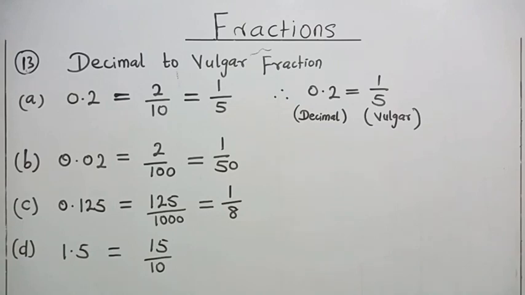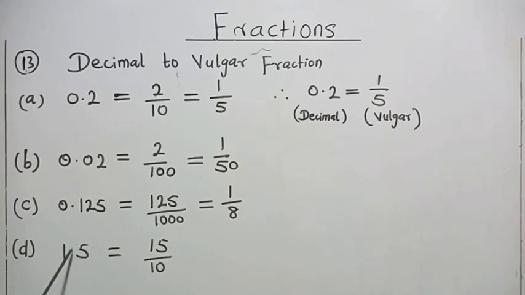A whole number plus decimal is called a mixed number, or a whole number plus fraction is called mixed number. In any case, because it has this dot, the same way others were converted to vulgar fractions is the way 1.5 will be converted to vulgar fraction or mixed number, which will include a vulgar fraction.